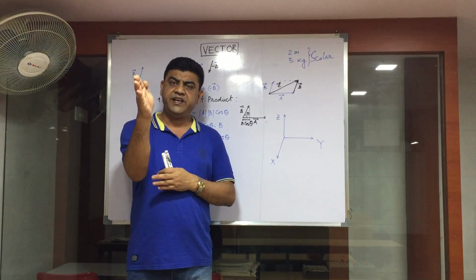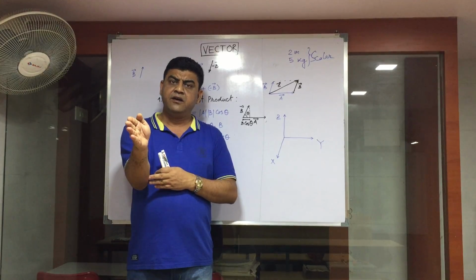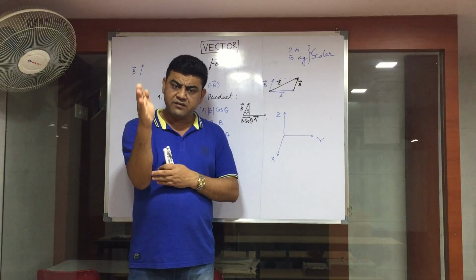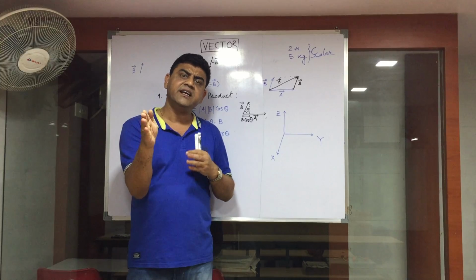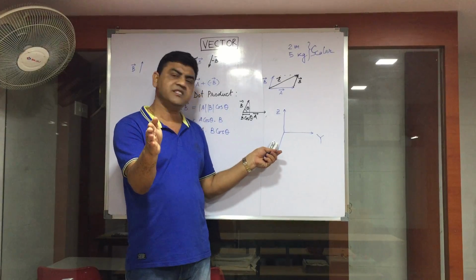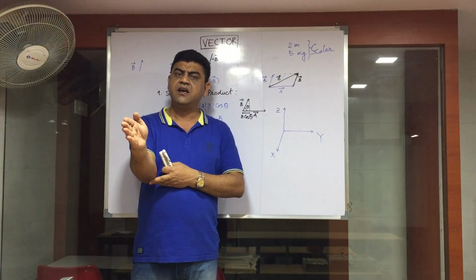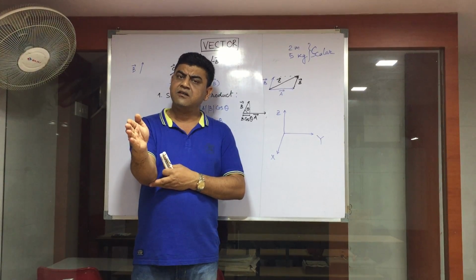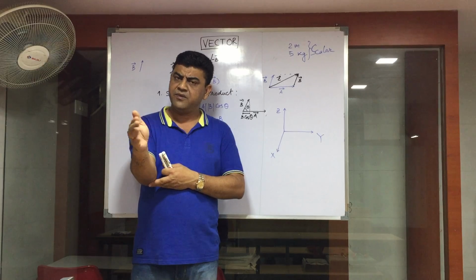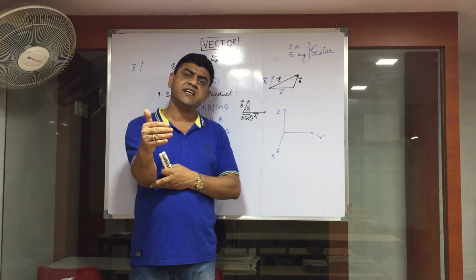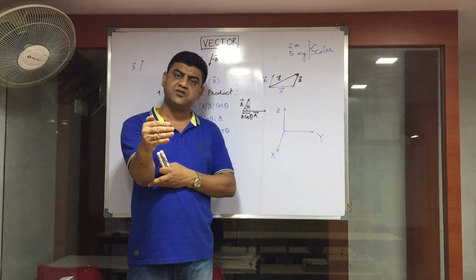What we do is take our right hand and position the hand or palm in the direction of the first axis, which is x. So now my hand is pointing towards x. I curl my palm towards the second axis, which is y.